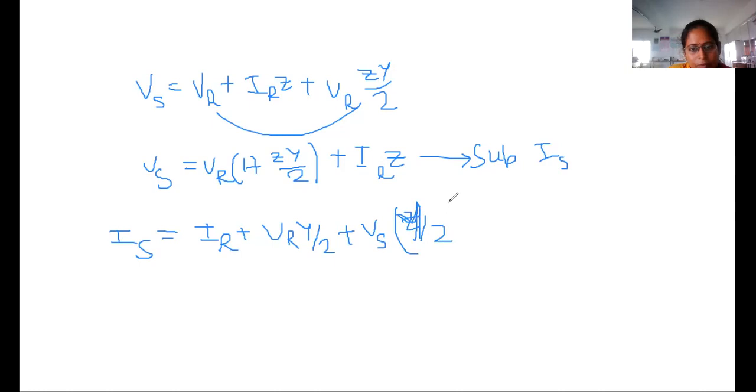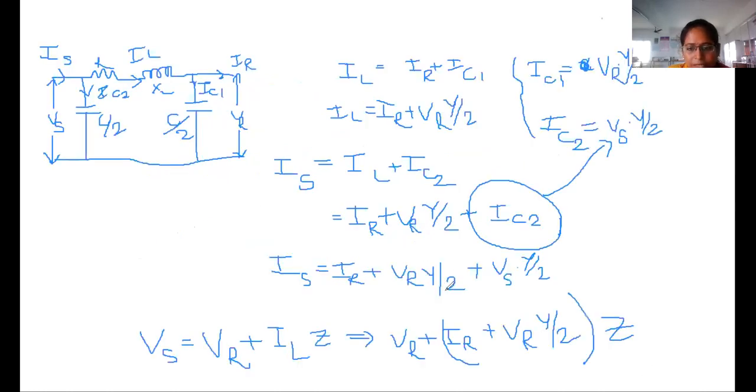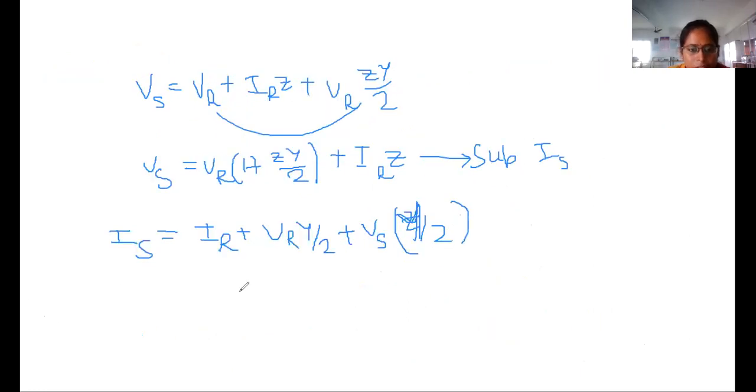Write down here: IS equal to IR plus VR into Y by 2 plus Vs into Y by 2. So substitute the Vs value here.